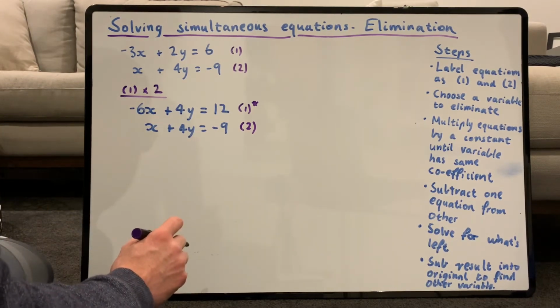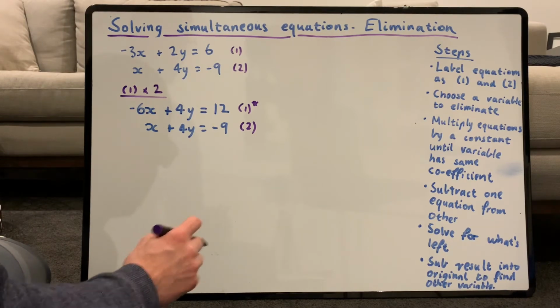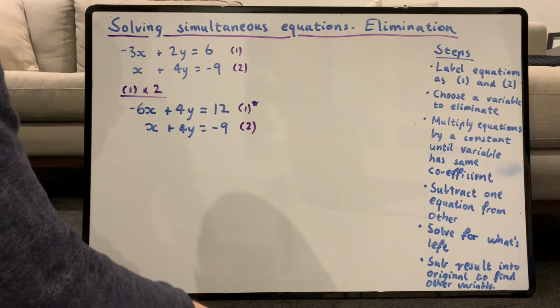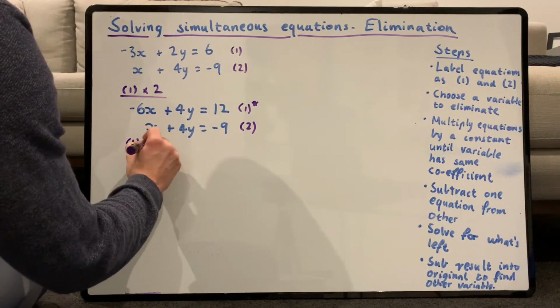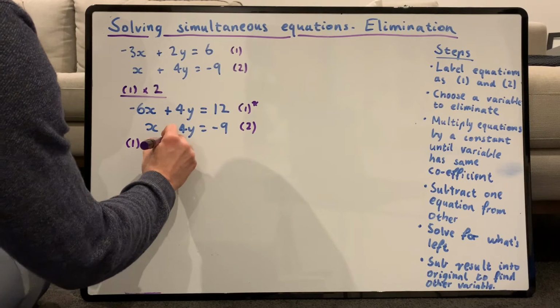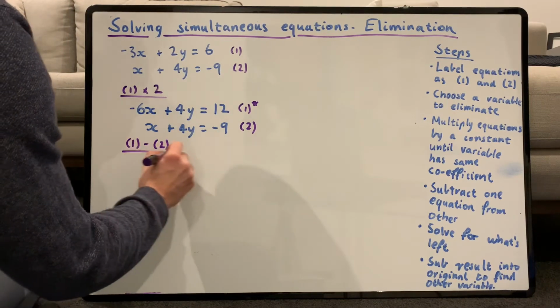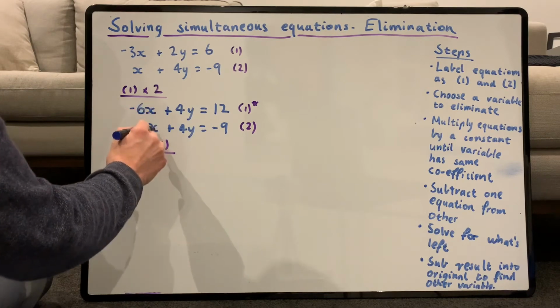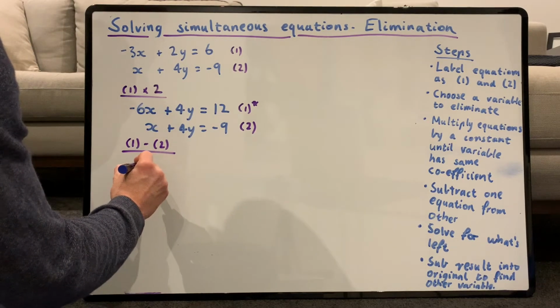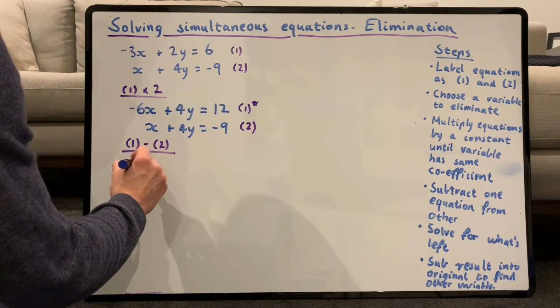All right, so next we're going to go and subtract one equation from the other. Okay, let's do that. Let's go 1 minus 2. Okay, negative 6x minus x. Gotta be careful here.